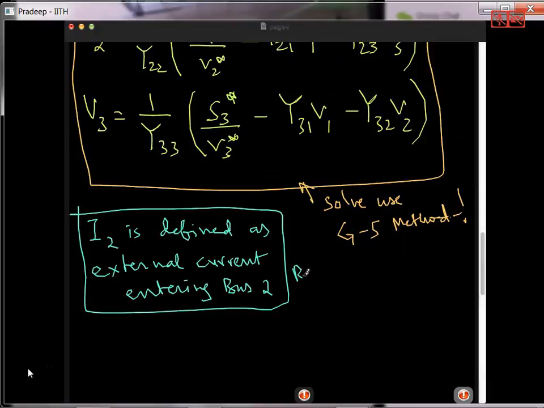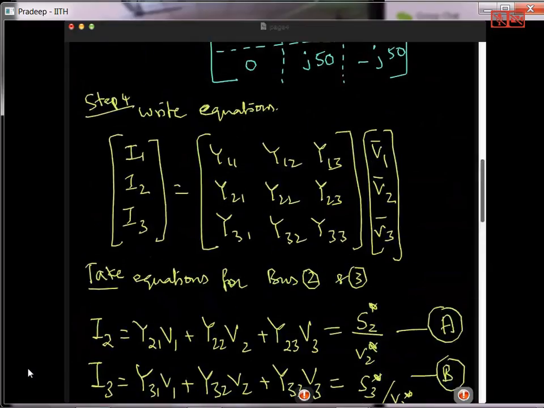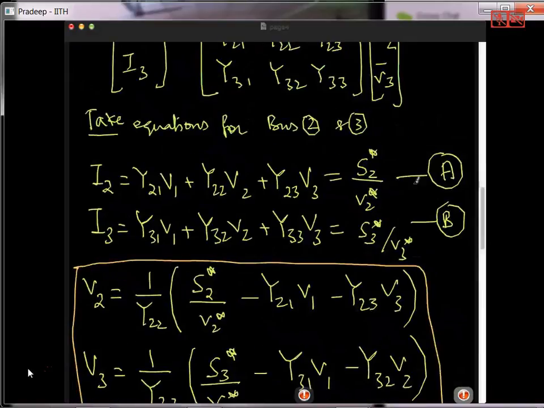But if I simply write S2 conjugate by V2 conjugate, so this is like bus 2 and this is the load. So I2 direction is like this. But this formula which you have written above, so the I2 direction is not correct. So I have to put a minus sign here, just that one small change you have to do it.